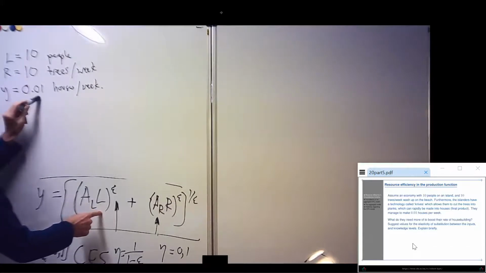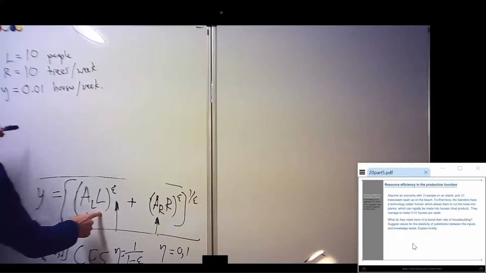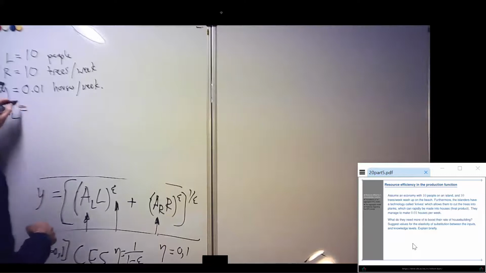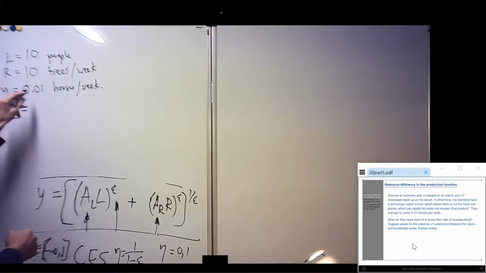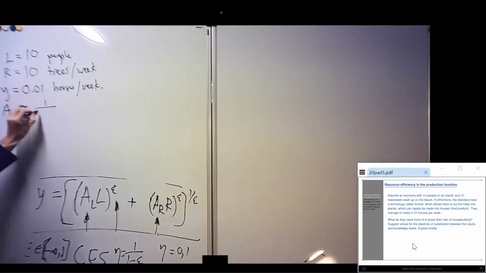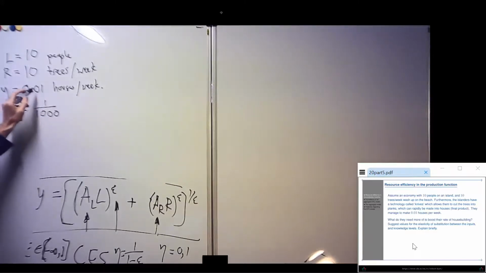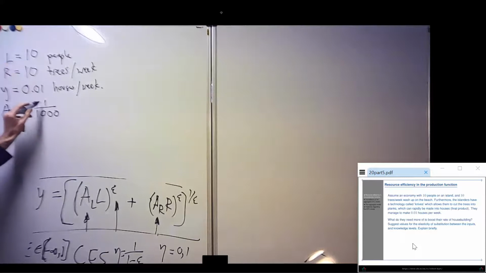Y is 0.01, L is 10. So that means that AL must be approximately 1/1000, right? Because Y is 1/100 and L is 10. ALL is 10/1000 or 1/100.